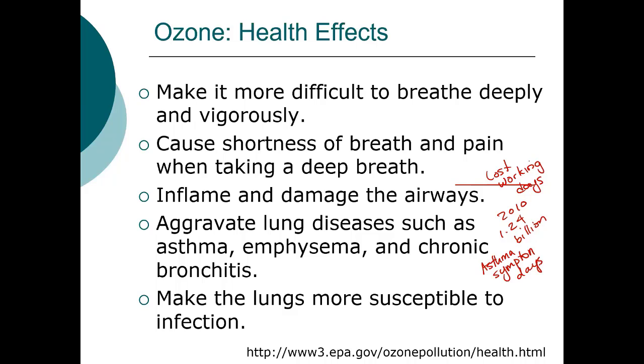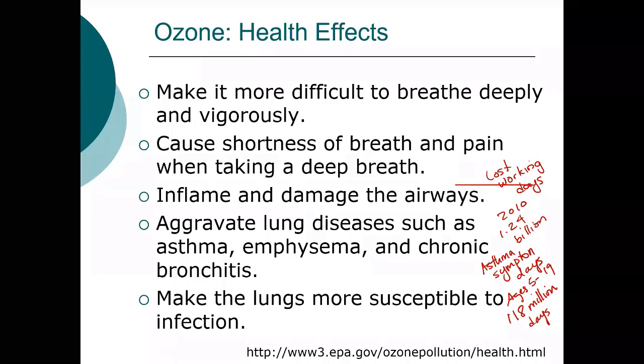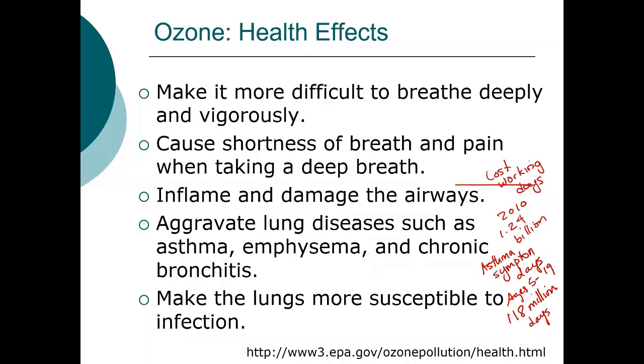And if we look at this for children ages 5 to 19, we're talking about roughly 118 million days. So that's the number of days that asthma is aggravated because of ozone, times the number of children that are affected.